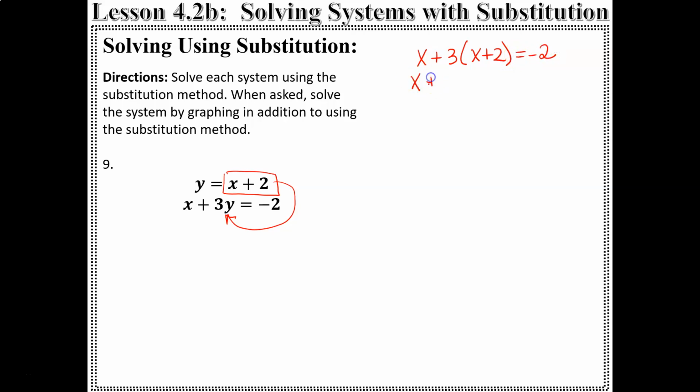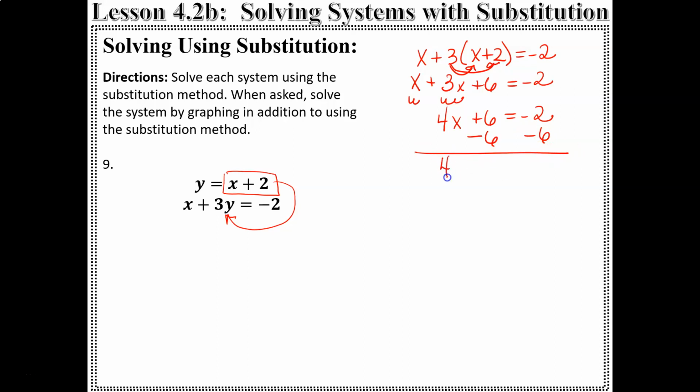So I have x plus 3 times x, which is 3x, 3 times 2, which is 6, is equal to negative 2. I'm going to combine the x's, so I have 4x plus 6 equals negative 2. Subtract 6 from both sides. I have 4x equals negative 8. I'm going to divide each side by 4.